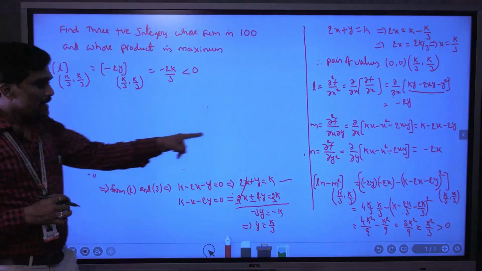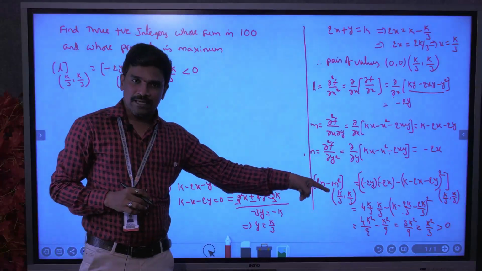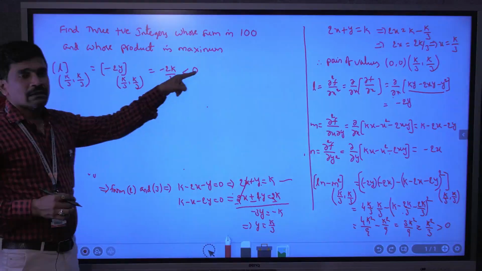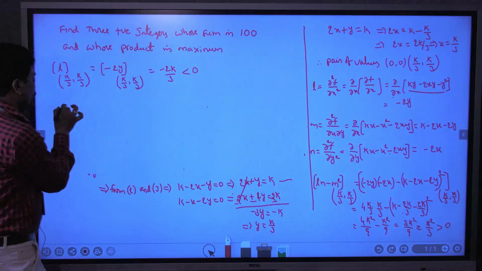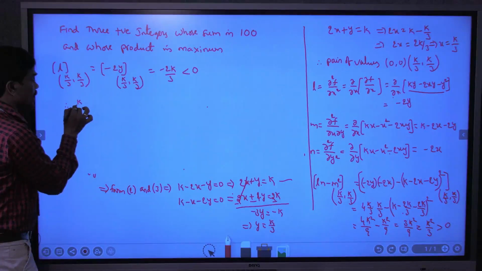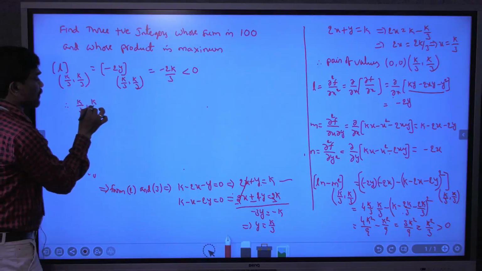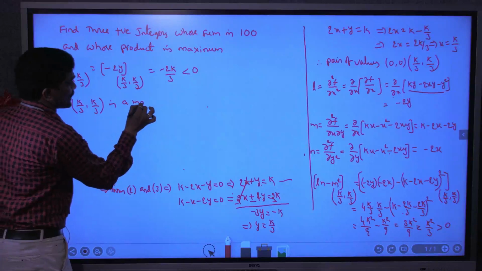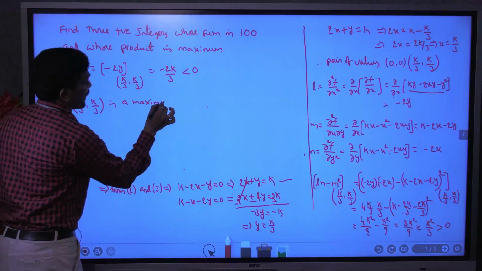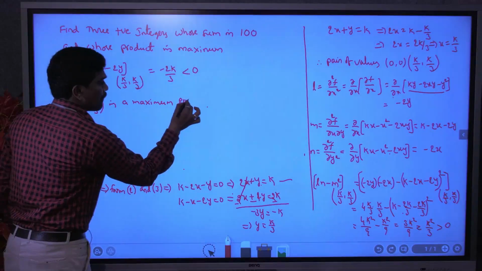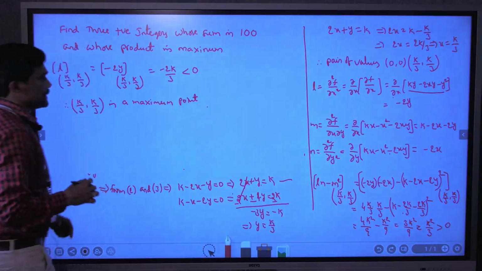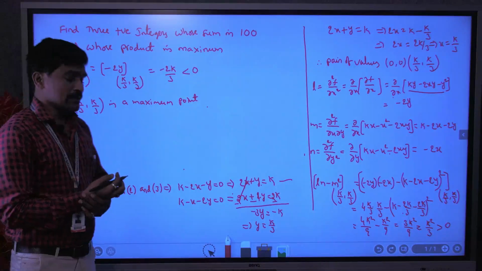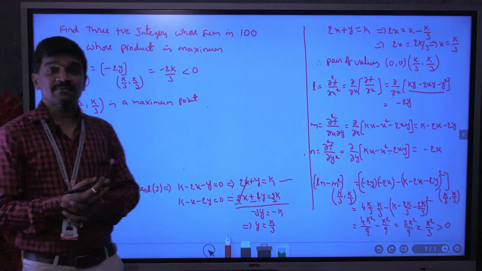So ln − m² is greater than 0 and L is less than 0. Therefore, (k/3, k/3) is a point of maximum. But we have to calculate the maximum value.